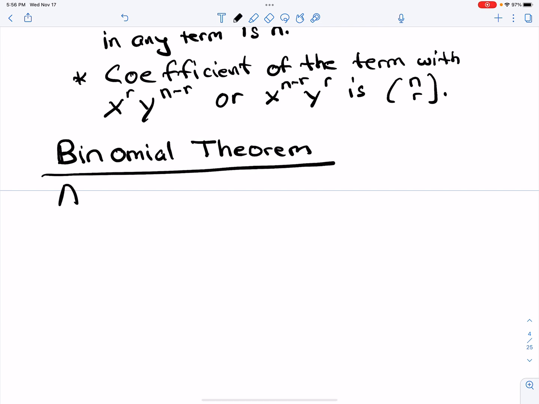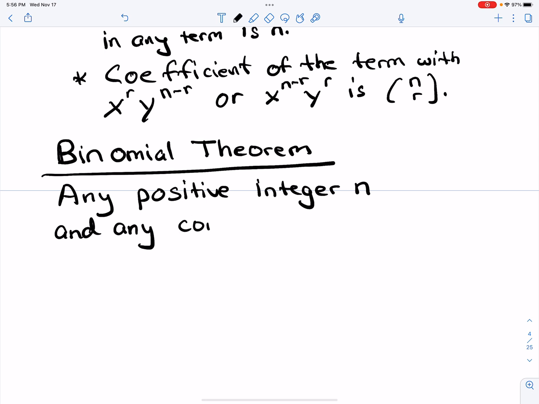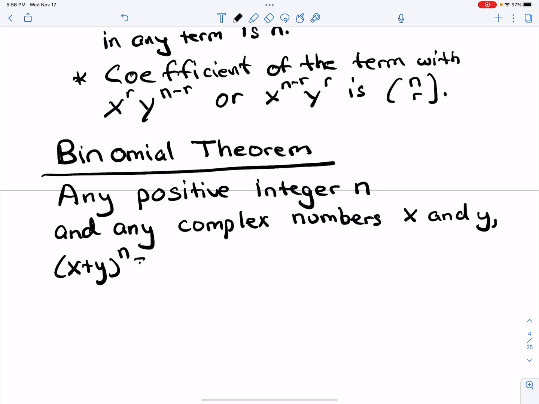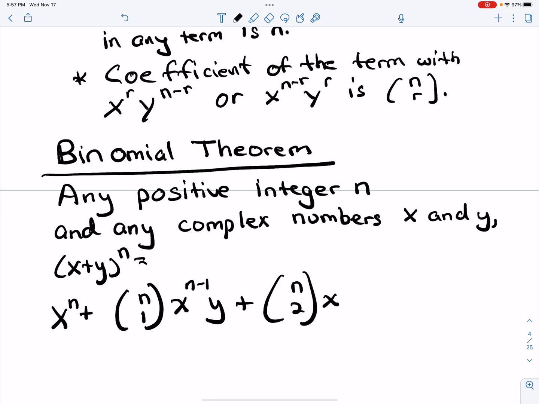Okay. For any positive integer n and any complex numbers x and y, (x + y)^n equals x to the n plus, and you can keep going.